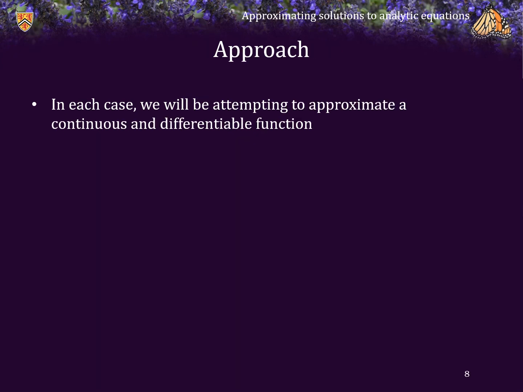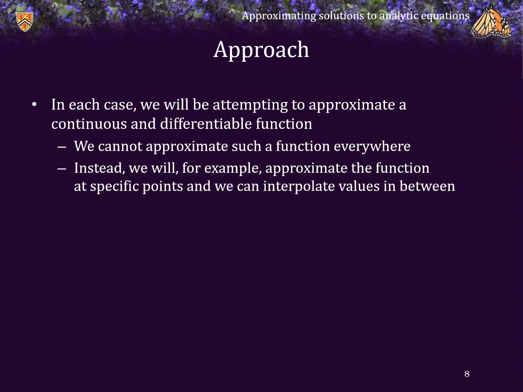Now, throughout this section, this is the approach that we will use. In every single case, we are attempting to approximate a continuous and differentiable function. We can't approximate such a function everywhere. Instead, what we will do is approximate the value of the function at specific points for the argument, and then we will interpolate for values in between.